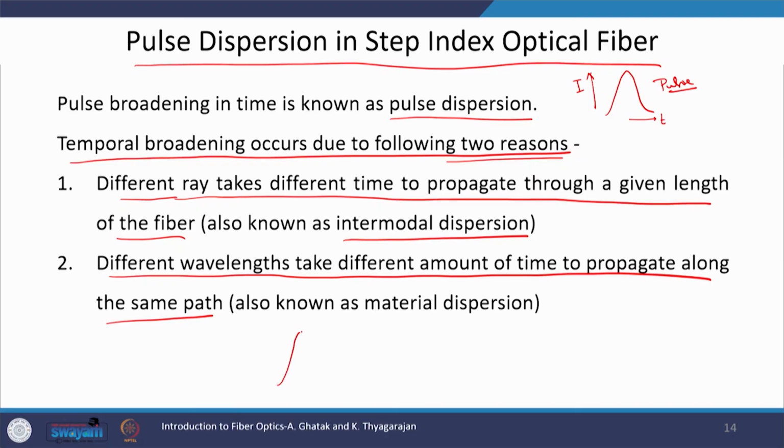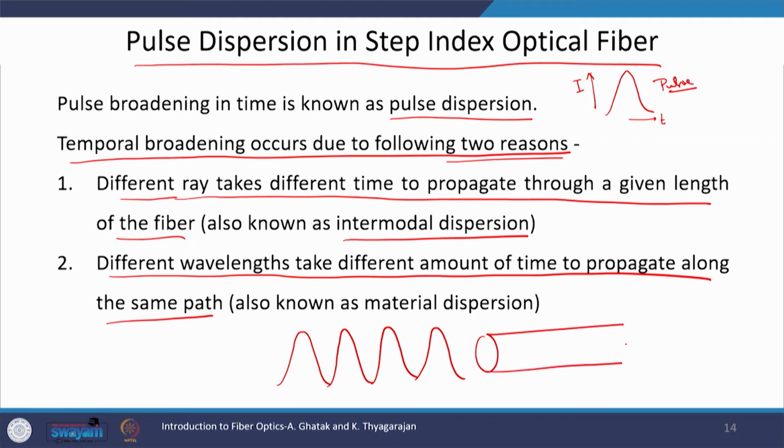This is of our concern because, say, at the input we launch this train of pulses inside the fiber. This is our fiber and these pulses are launched here, and at the output we are measuring it. Now, due to the pulse dispersion, the pulses may broaden and merge together.